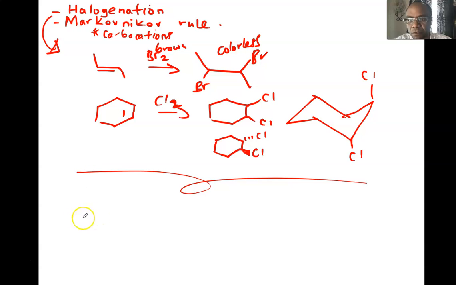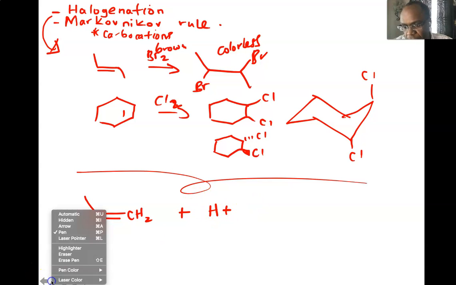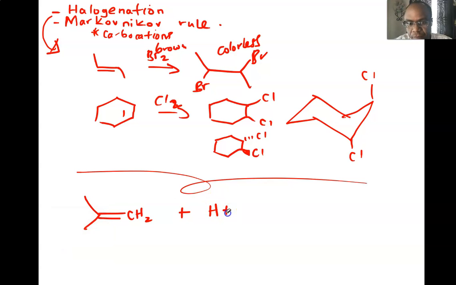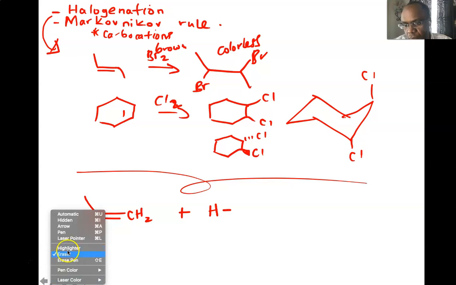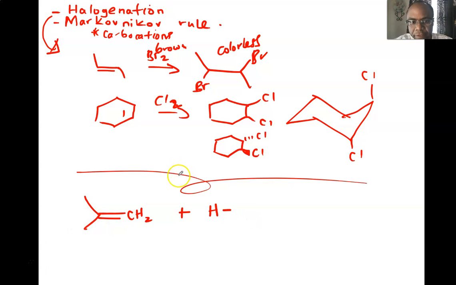Now about Markovnikov rule. So let's say you're given this molecule and you're asked that it should react with H+. Let me specifically say HCl, which is what we're about to talk about. So let's say you're reacting it with HCl.